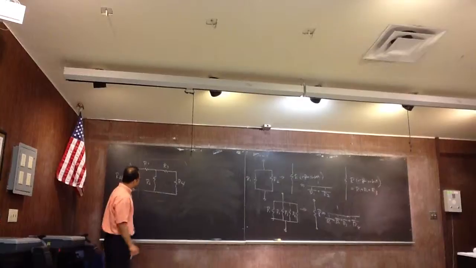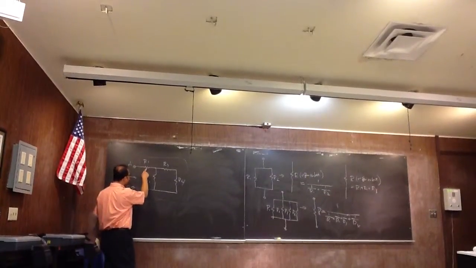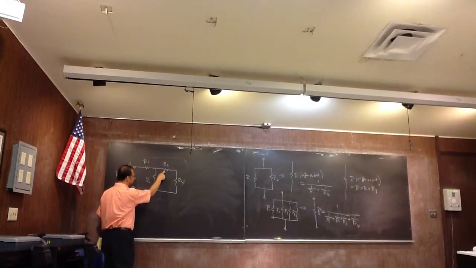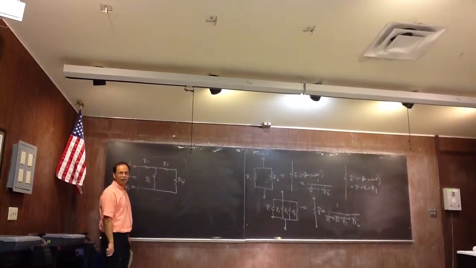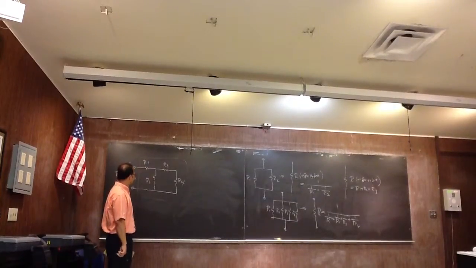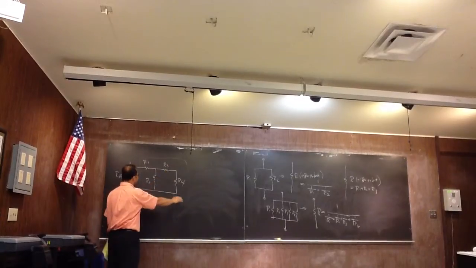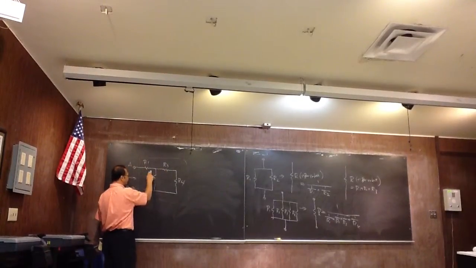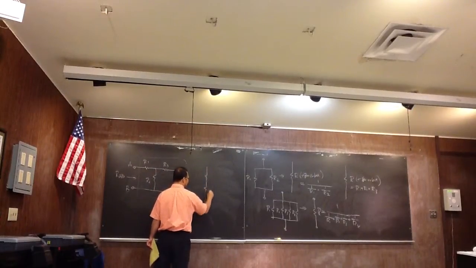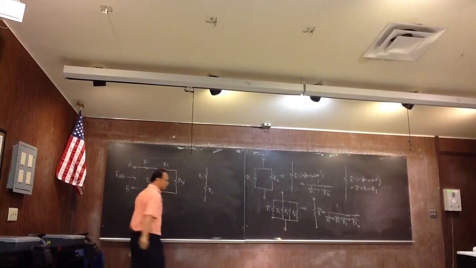If you look at it, you can say, well, I have this one and this one in series. Are they in series? No, they're not. You can say R1 and R2 are in series.